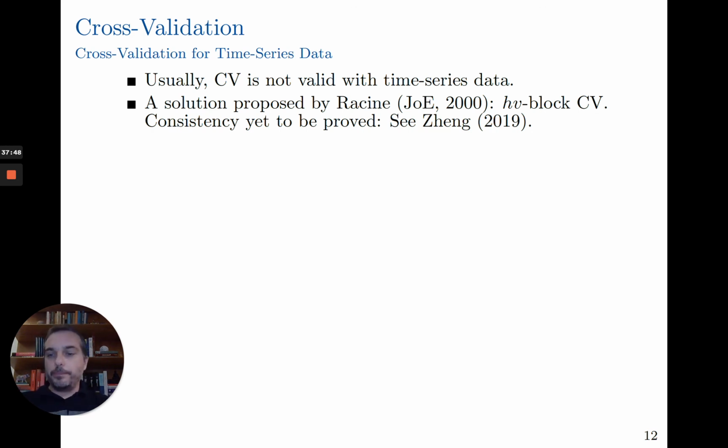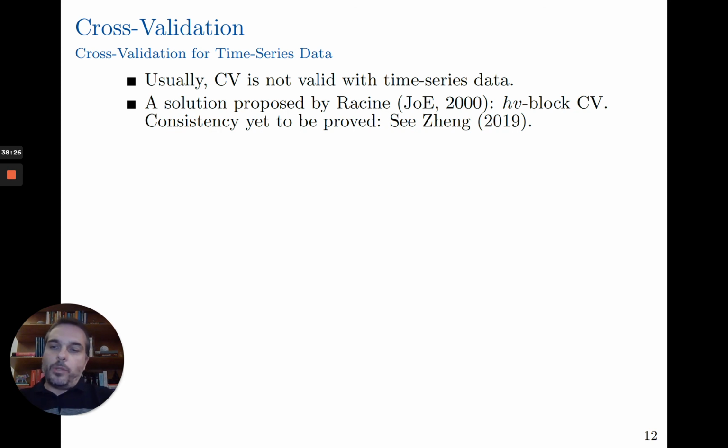There's this nice paper by Jeff Racine in the Journal of Econometrics, 2000, where he proposed the HV block cross-validation. He has proofs for consistent variable selection in low dimensions. There's no proof in high dimensions. However, there is a recent paper by Chang who mentioned that one of the assumptions in Racine was not completely correct, so consistency may not be achieved.